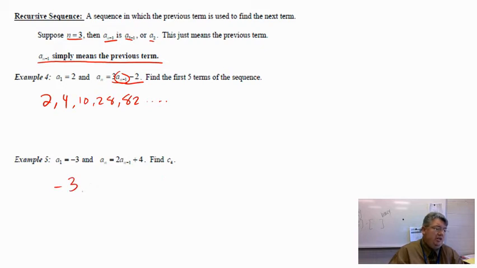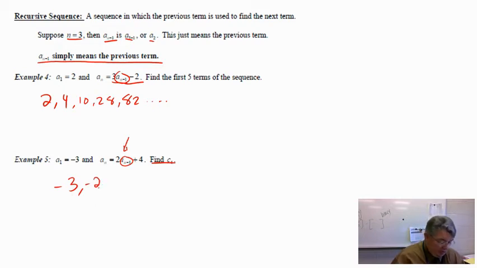A sub 1 equals negative 3, and a sub n equals this. Find a sub 4. Now, if this was a normal sequence, I would just put 4 into here, but I can't. I've got to put the third term in there so I can find the fourth term. So I've really got to find all the terms, right? Yeah. So a sub 1 is negative 3. The second term is made by 2 times the term before plus 4. So if I go 2 times negative 3 plus 4, that gives me negative 2.